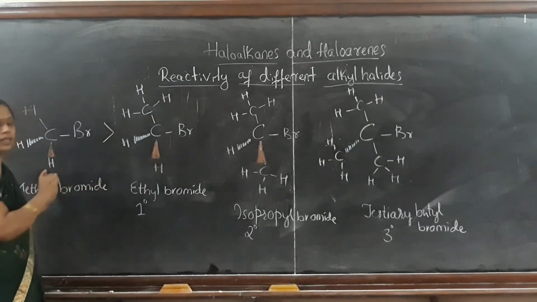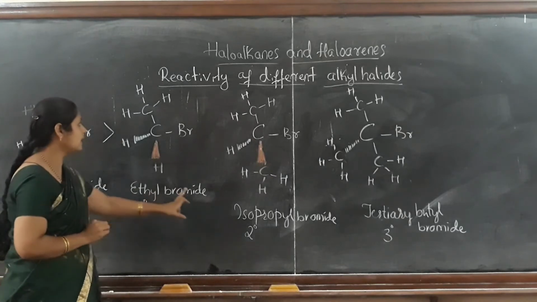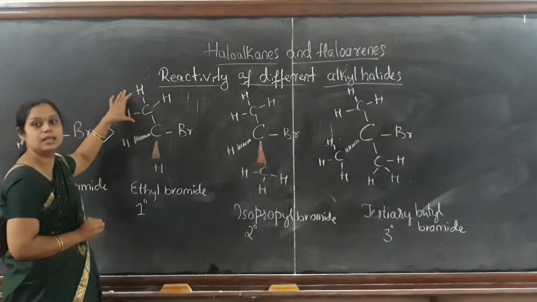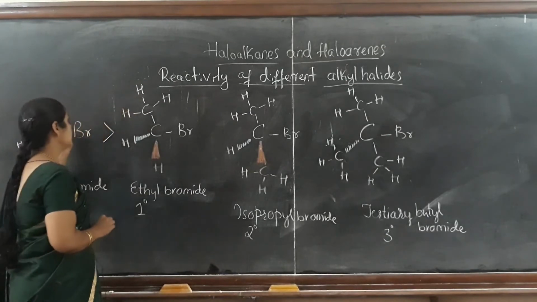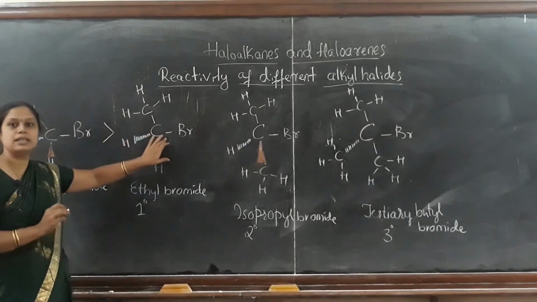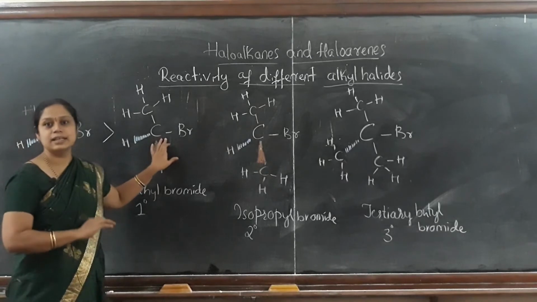Next, a primary alkyl halide, that is ethyl bromide, contains CH3, a bulky group. Hence, the attack of the nucleophile on the carbon is a little difficult due to steric hindrance.